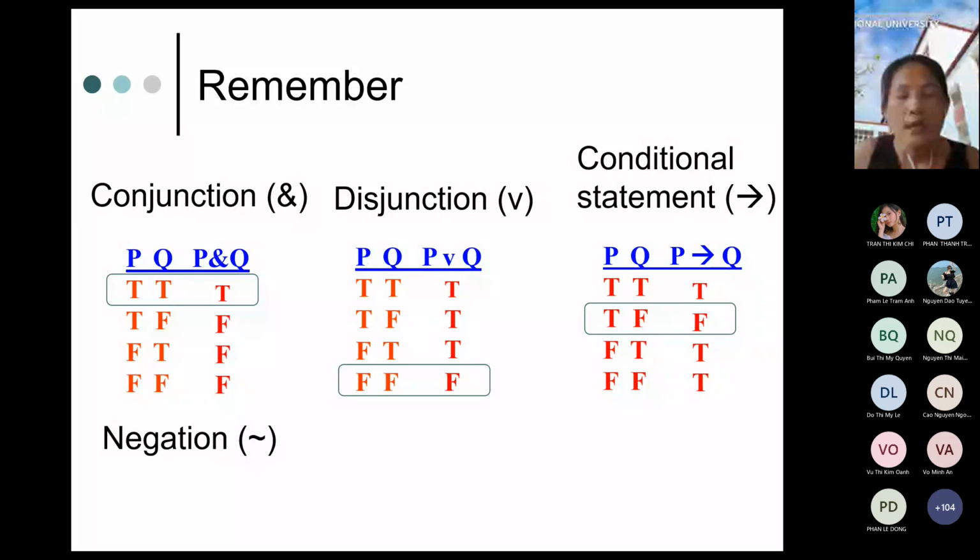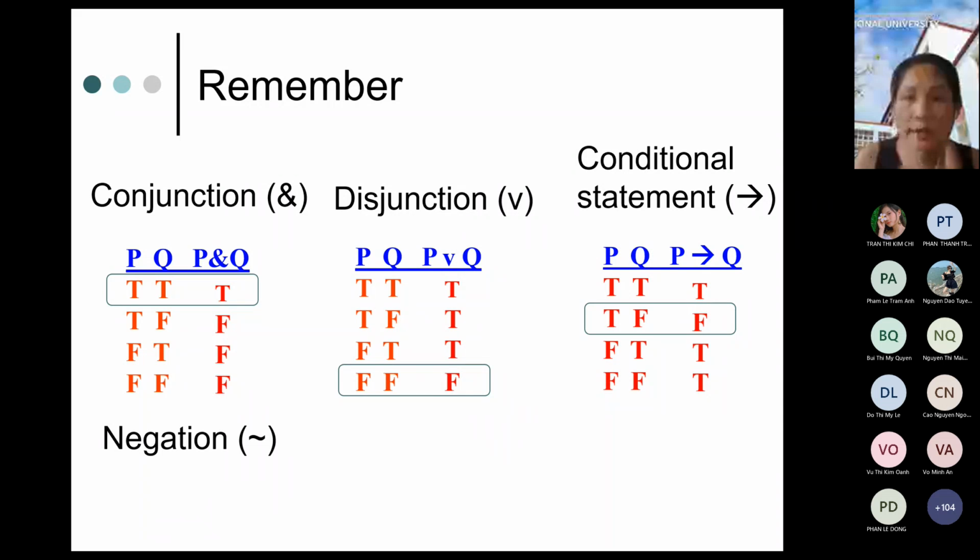It depends on the number of variables in your argument, then you have the size of the table and the required columns for the standard variables, okay? And after you fill in, then you need to check the additional columns that you need, and you apply the rules to fill in the columns. And then finally, if you have a complete and correct table, then you will find all of the rows that have the premise true.